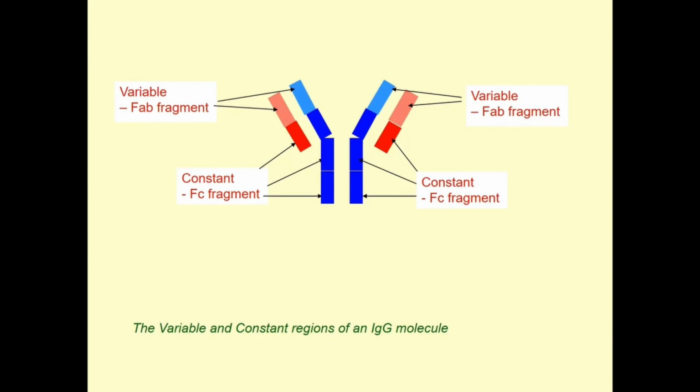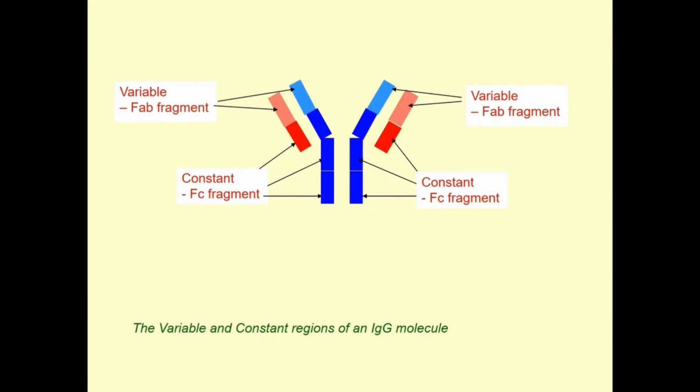It has a unique structure which binds to a specific complementary antigen. It's the amino acid sequences in the Fab fragment, or the Fab region, which are different from one antibody to another, and this is why they're referred to as the variable regions.